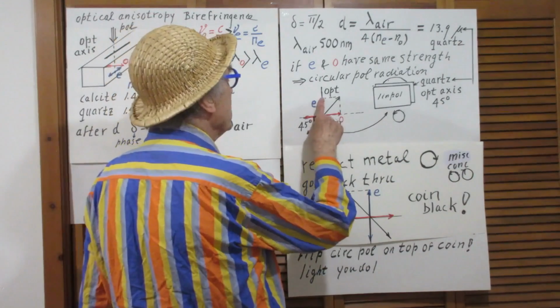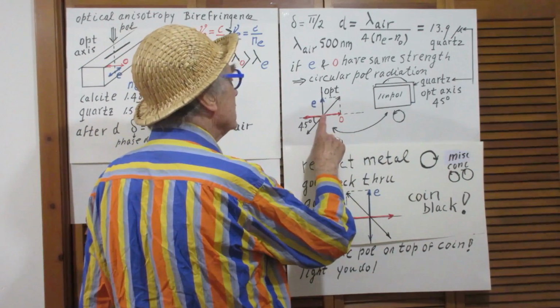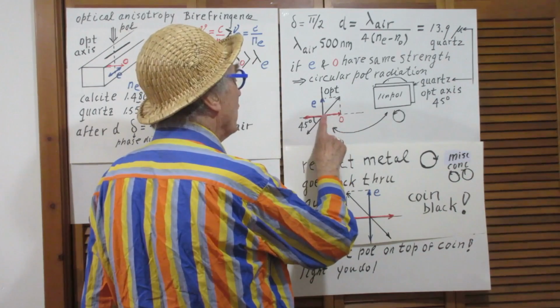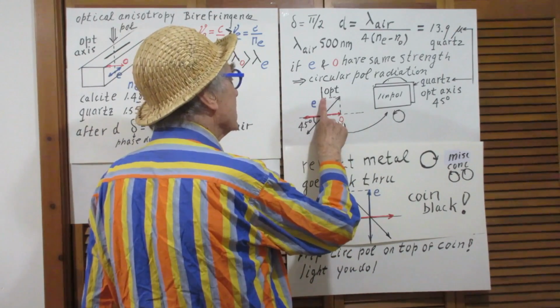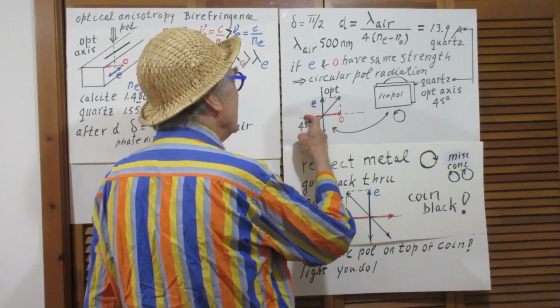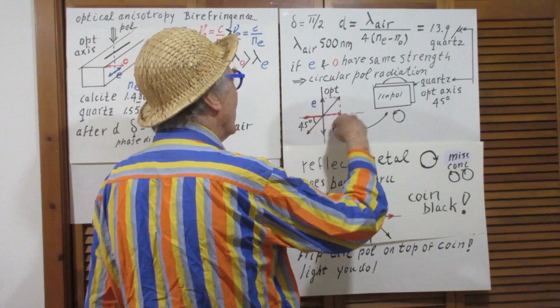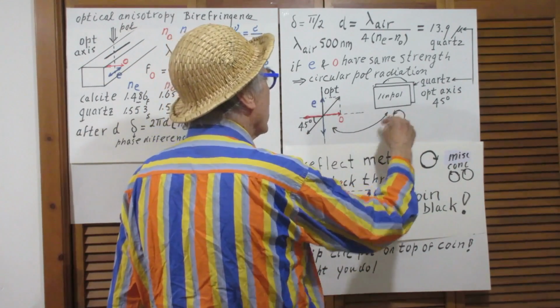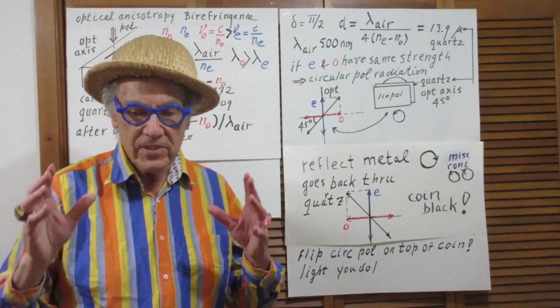When this one is here, the O component is faster, the O component is here. Right? It's the fastest one. It's ahead in phase. So the E vector is here. When the E vector is here, the O vector is there. And so you see that you now have circularly polarized light going in this direction. Give this a little bit of time and let this sink in.